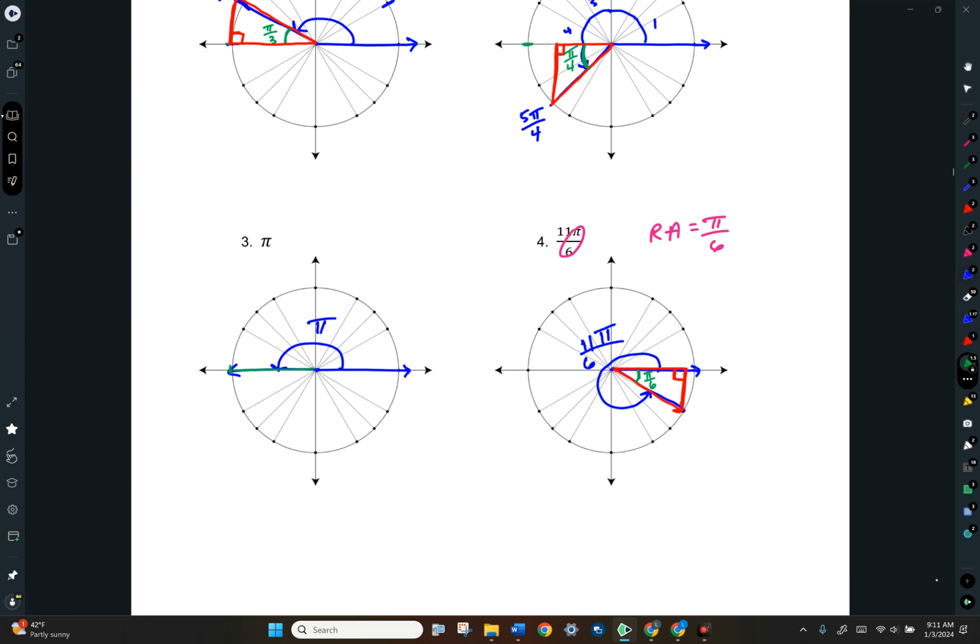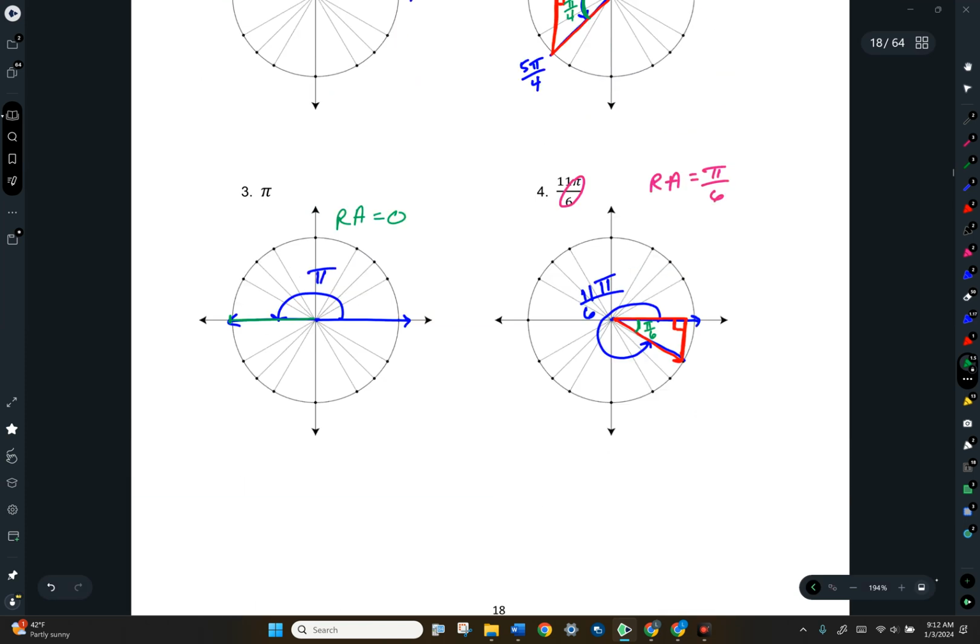So this is one of those where there's not really a reference angle or a reference triangle, because what's the distance between the terminal side and the closest x-axis? Well, if it's laying on top of the closest x-axis, then the reference angle is 0. Okay?